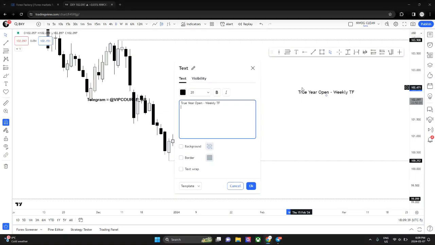For the monthly cycle, obviously you will need the true month open. And the corresponding time frame to use would be the daily time frame, right? For the weekly cycle, you will obviously need the true week open.